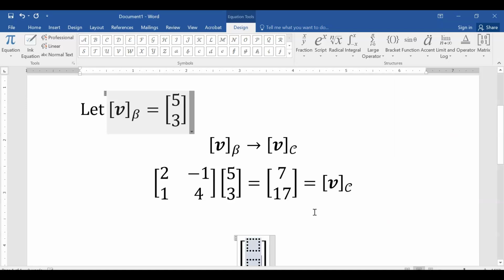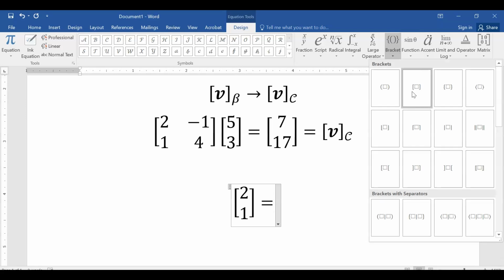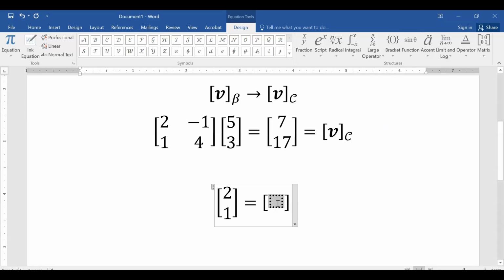So 2, 1 is simply my basis element B1 written with respect to basis C. That's what I'm trying to say.